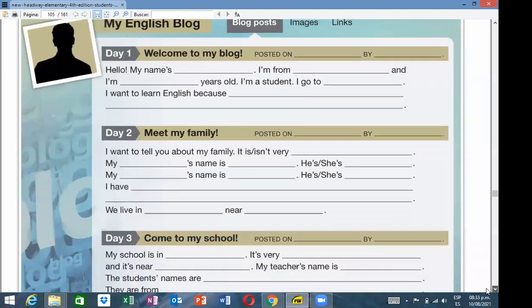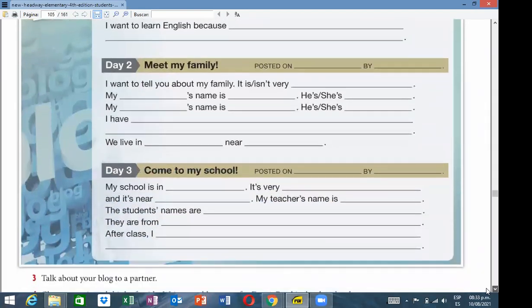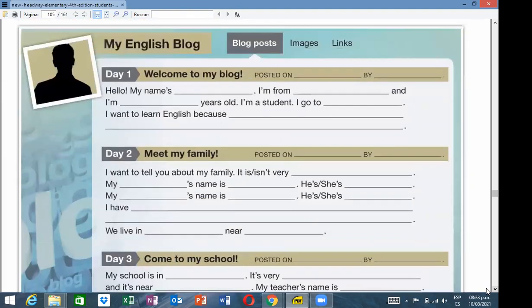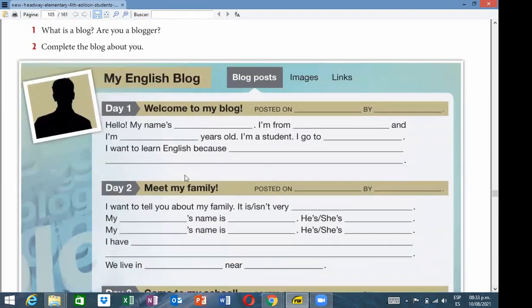about what you do during 3 days, okay? Here you have the example. What you have to do is complete it. For example, day 1, and here you have the title, Welcome to my blog, posted on, you have to put here the specific time if you want, your name, right?